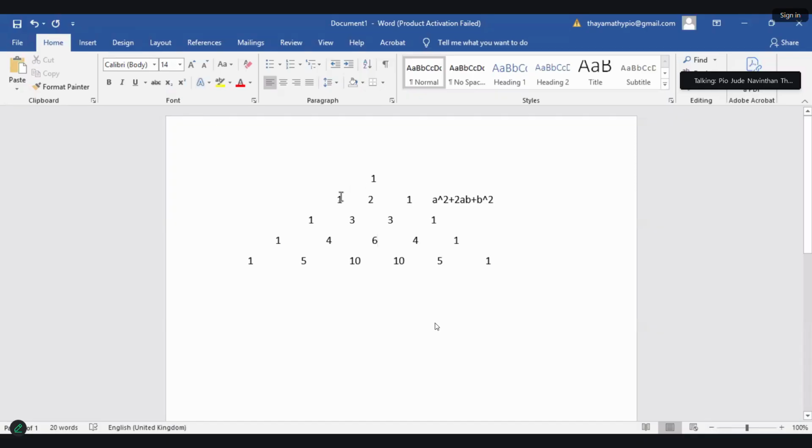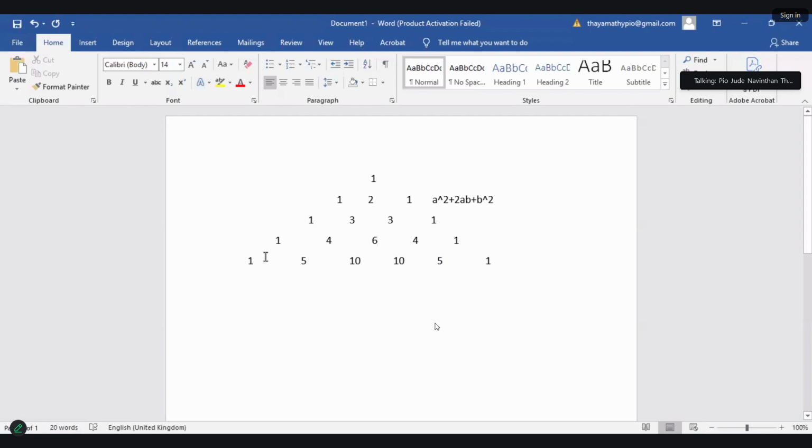See the pattern: we add these two numbers and write the number in the middle. 1 plus 2, 3. 2 plus 1, 3. And starting and ending by 1. Again, 1. 3 plus 1, 4. 3 plus 3 is 6. And 3 plus 1 is 4.